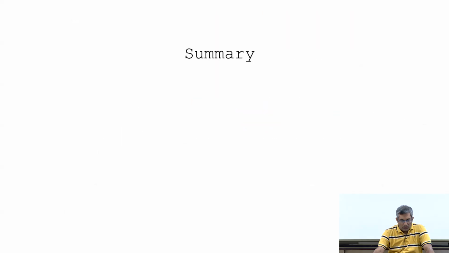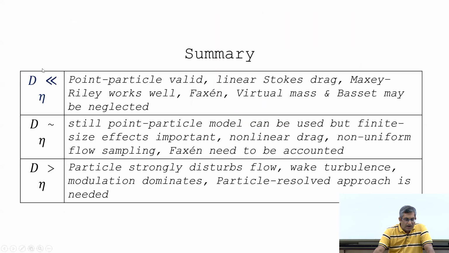So, in summary, if the particle size is smaller than the Kolmogorov scale, we can use the point particle assumption. In that case, the linear Stokes drag, the Maxey-Riley model works well, and all other forces can be neglected. If the particle size is of the order of the Kolmogorov scale, we can still use the point particle model, but some finite size effects become important and we can incorporate those.